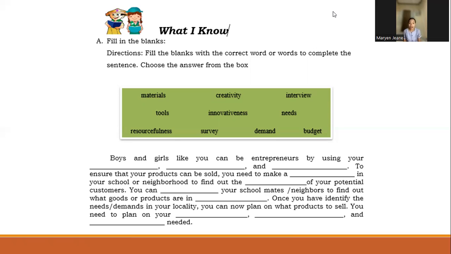To find out the blank of your potential customers, you can blank your schoolmates or neighbors to find out what goods or products are in blank. Once you have identified the needs or demands in your locality, you can now plan on what products to sell. You need to plan on your blank, blank, and blank needed. So that's it. Now I want you to answer that one.